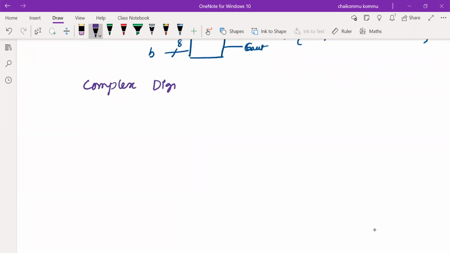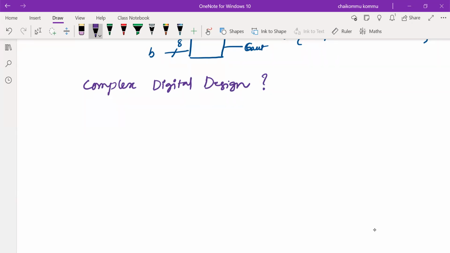Don't think that complex is a mathematical word. Complex in the sense that the content in the digital circuit is more and more. The digital circuit consists of a larger number of components, so in that sense we are talking about complex digital circuits.